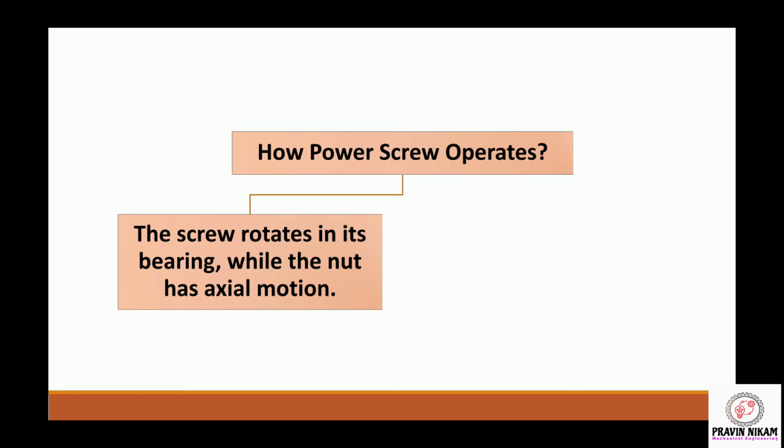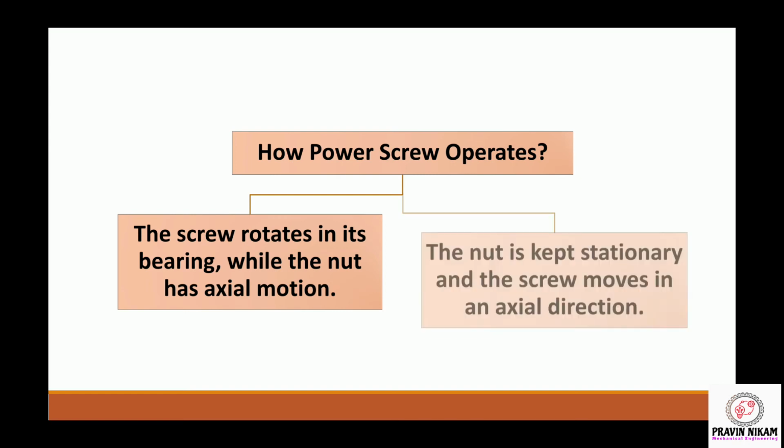This is one condition. The second way to operate the power screw is the nut is kept stationary and the screw moves in axial direction. In these two ways, the power screw can operate.